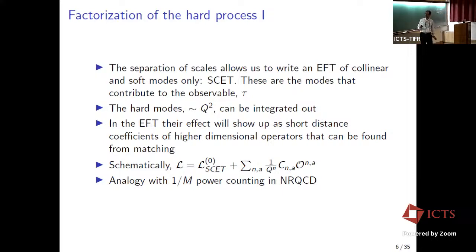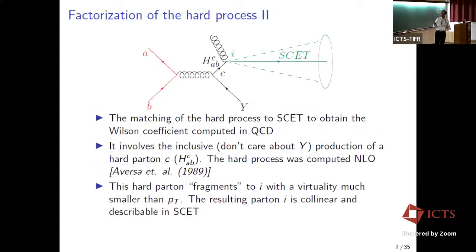This is all very fine. So then basically the idea becomes this: you have a hard scattering process, and after this hard scattering, you get modes which contribute to your observable, which are the soft and the collinear modes. These can be described in this EFT, and this just gives you, in the factorization formula, some hard matrix element.